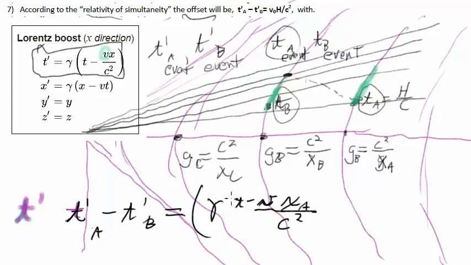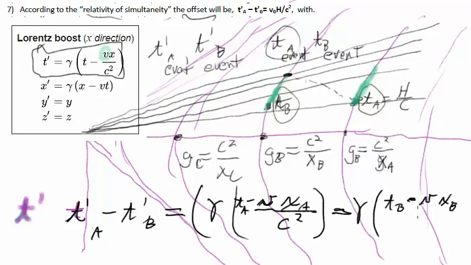Gamma t minus v x sub a over c squared, and this would be t sub a minus v x sub a, minus gamma times t sub b, which is t sub b for this event over here, minus v x sub b, which is the x sub b for that event there, divided by the c squared. And so that would be what you would have to plug in to get t prime sub a minus t prime sub b, where the primed frame has a velocity of v with respect to the unprimed frame.